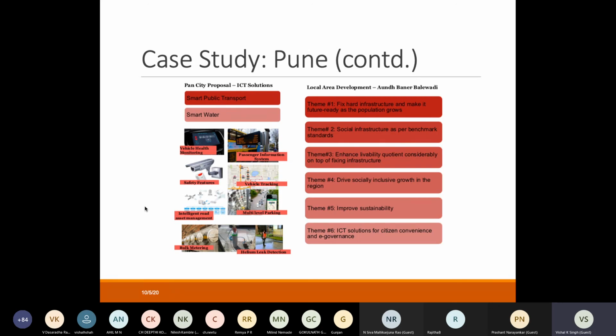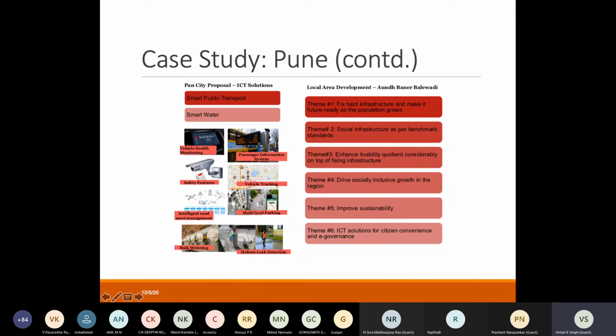And similarly, diversions can be created in advance, depending upon the peak hours of the traffic in a specific area. So the heat map and the intelligent road asset management can help in that.